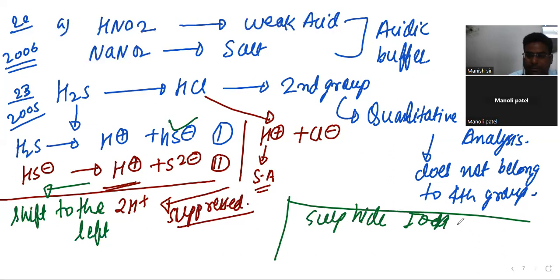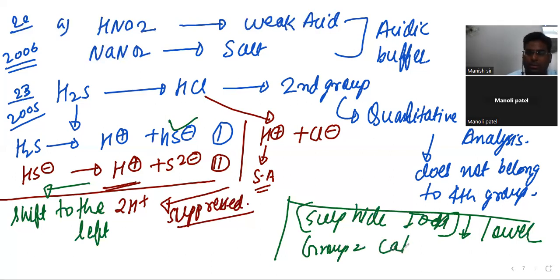Its concentration will become lower, and the group 2 cations have less solubility, due to which they get precipitated. While group 4 cations have high solubility, so they don't form precipitate, right? So please write this explanation and join again.